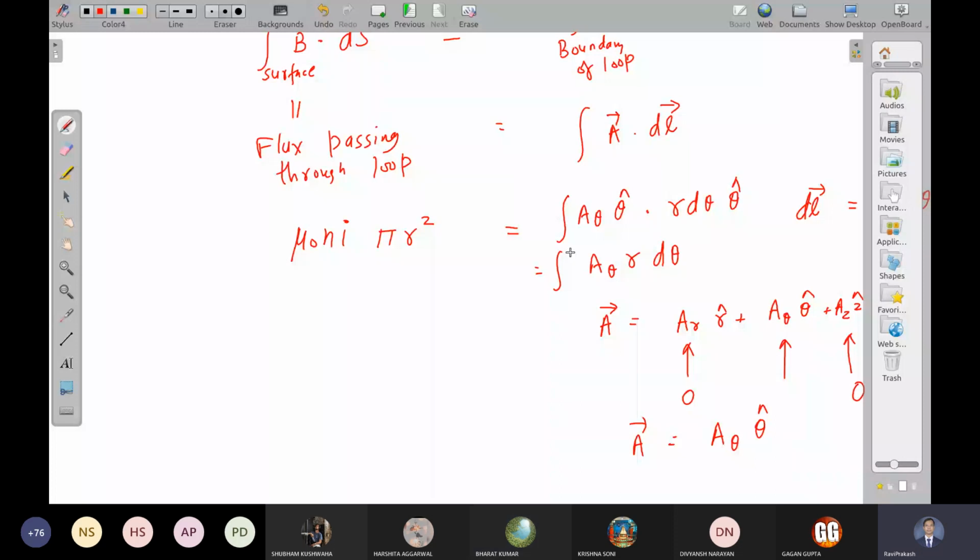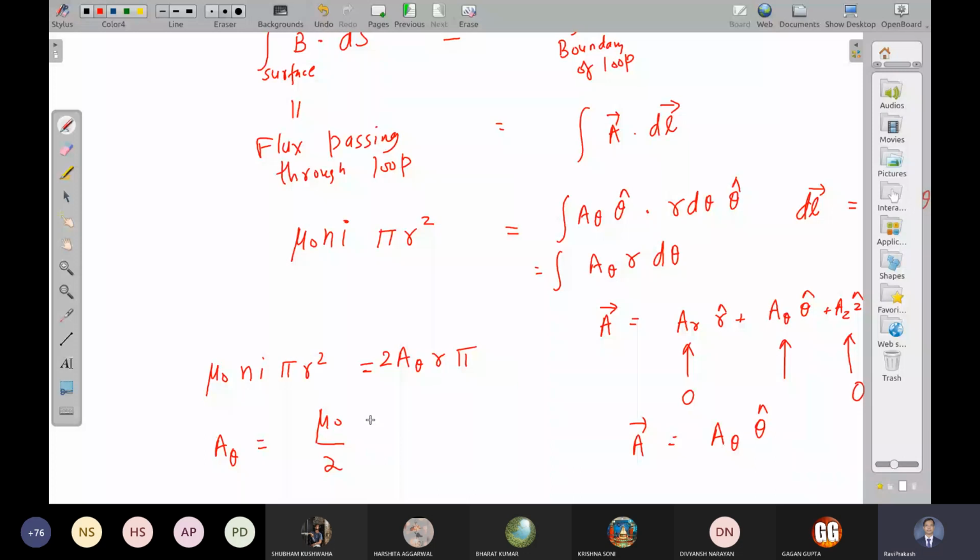So mu naught n I pi r square, A theta out, r is out. Integral of d theta is 2 pi. What is A theta? Just put everything on the left hand side. Mu naught by 2, and here pi cancels upon r.